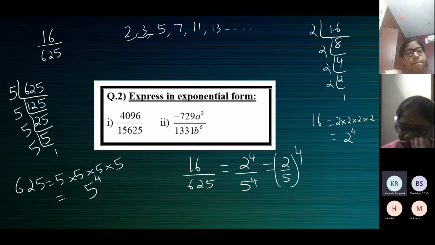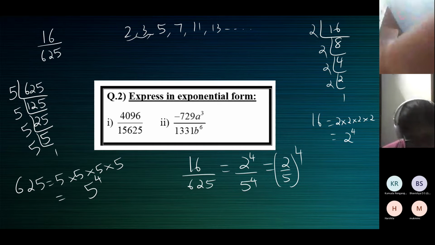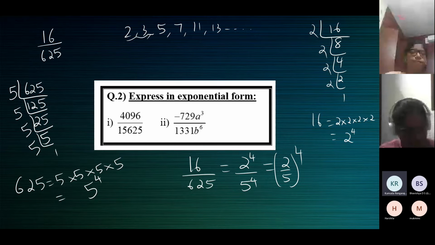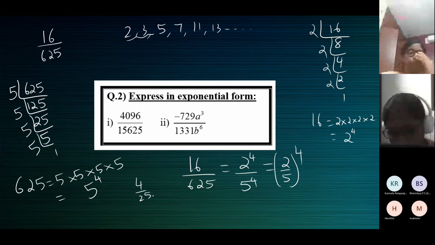Though it is not mentioned, you should use prime numbers. 4 and 25 are not prime numbers. It's just a preference.